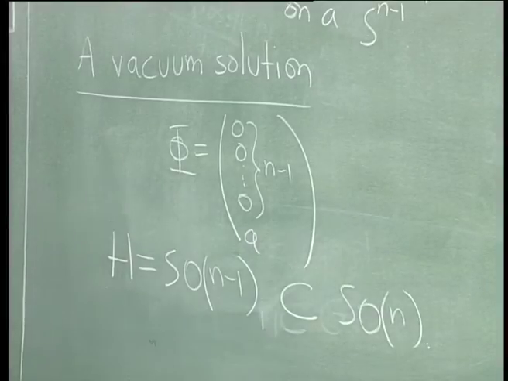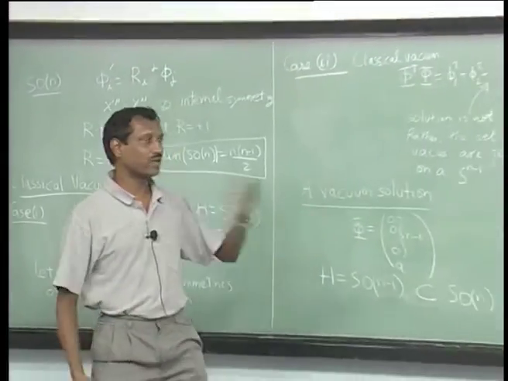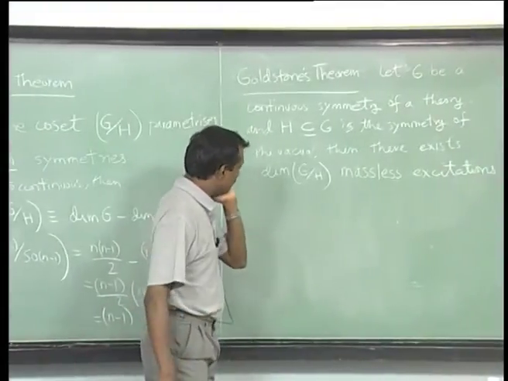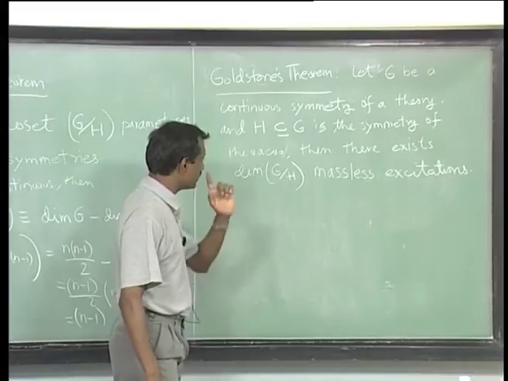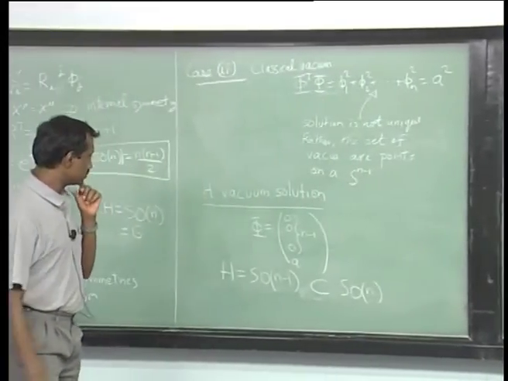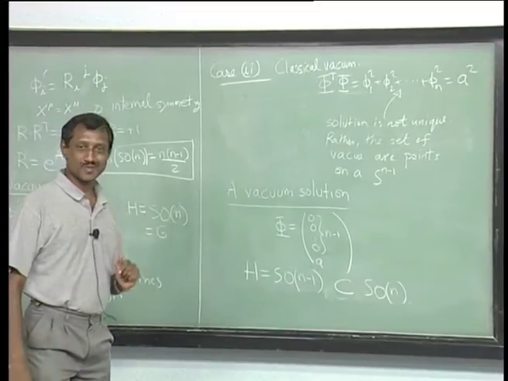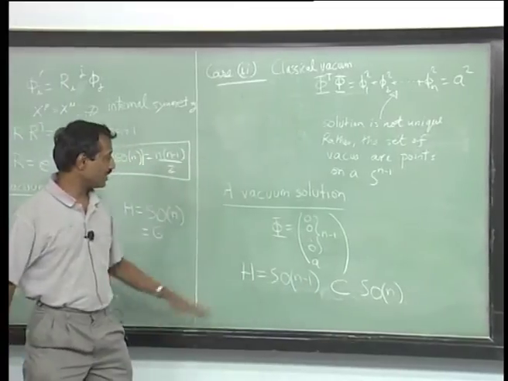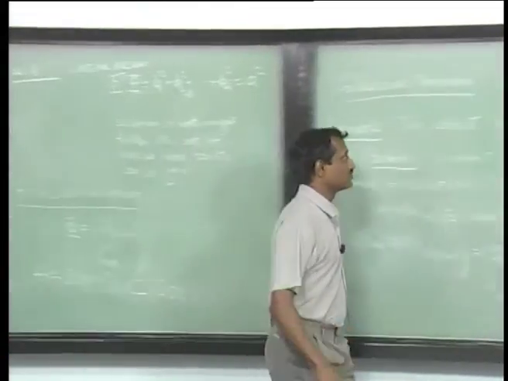But in field theory we mean something slightly more, and that is what I want to show you. Since I want to be explicit, I will choose n equal to 2, for starters. Whatever I say goes through for any higher n.